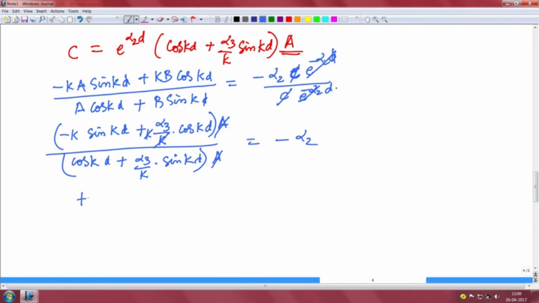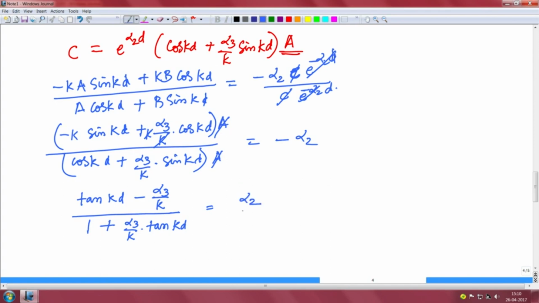So, I will try to get something like this: sine over cos, minus alpha 3 by k, over 1 plus alpha 3 by k into tan kd, equals, since I have divided the numerator by k, I will also divide this side by k, and this minus sign has gone with the other minus sign here.